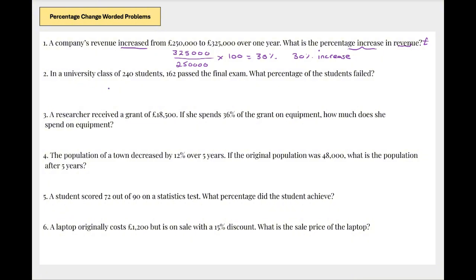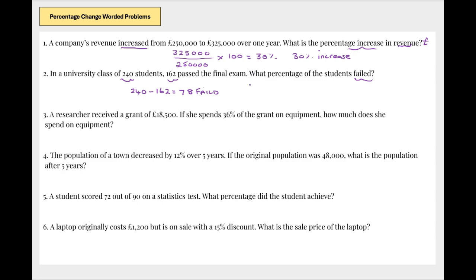In a university class of 240 students, 162 passed the final exam. What percentage of them failed? So let's work out what's left over. So we had 240 students, subtract the 162 that passed, which gives us 78 that failed. What percentage of students failed?